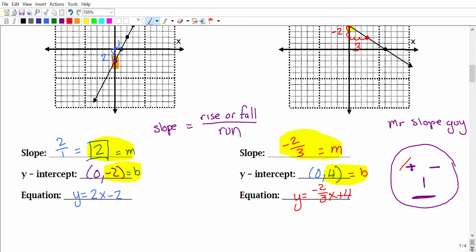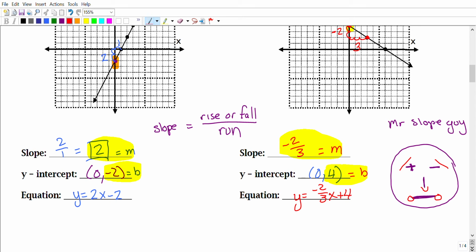as I draw Mr. Slope Guy, a few things here. Okay, that's Mr. Slope Guy, and I know he doesn't look very happy, but he does help us identify our slopes, whether it's positive, negative, undefined, sorry, not unidentified, undefined, or 0.